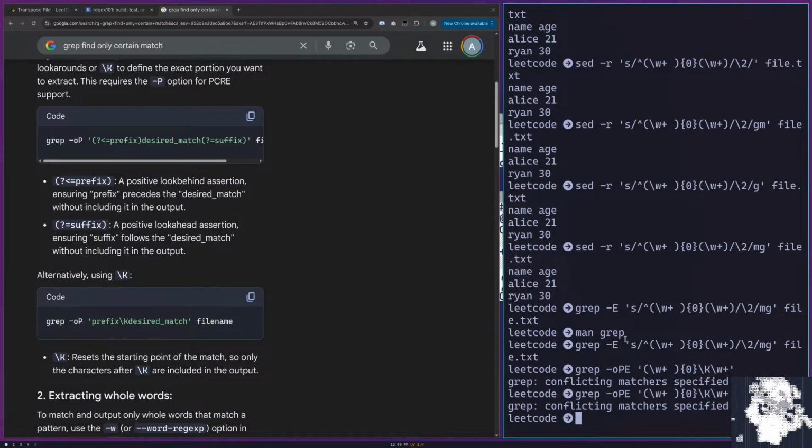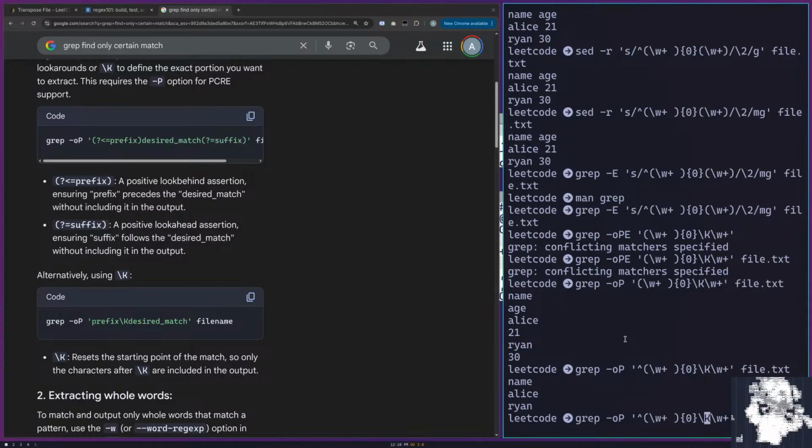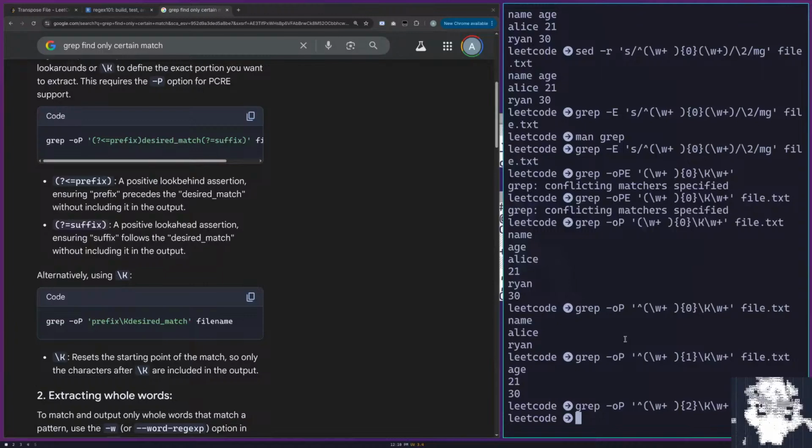Conflicting matchers specified. It doesn't like the E. Okay. And then I need a caret at the front. Wow. 1, 0, 1. There we go. Okay.